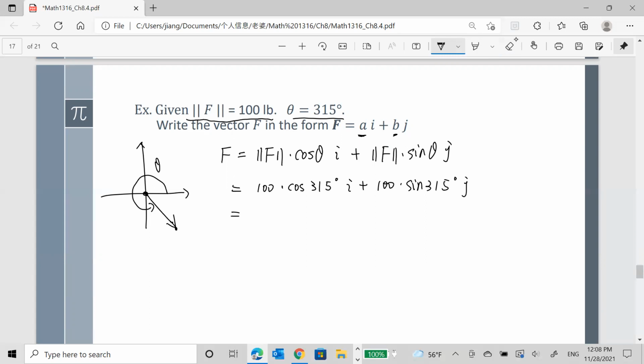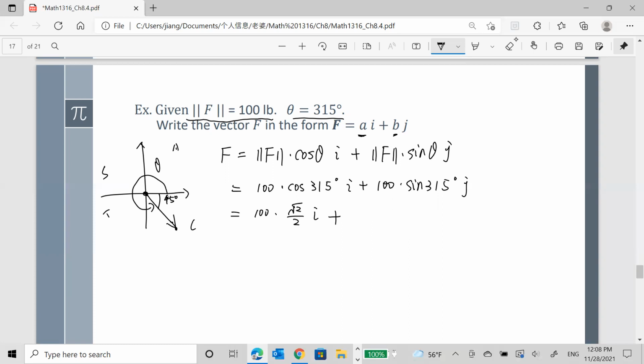So what is cosine 315? It's in the fourth quadrant, ASTC, so cosine is positive. The positive reference angle is pi over 4 or 45 degrees. So 100 times square root 2 over 2 i plus 100 times sine 315 degrees.